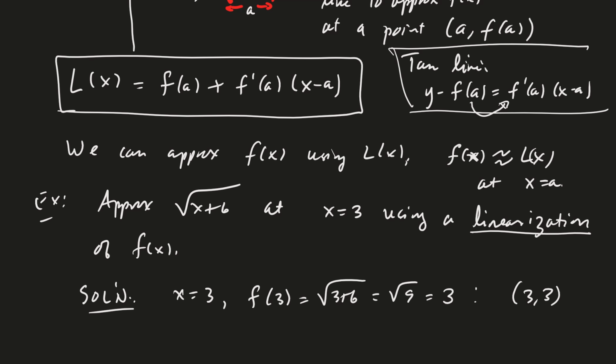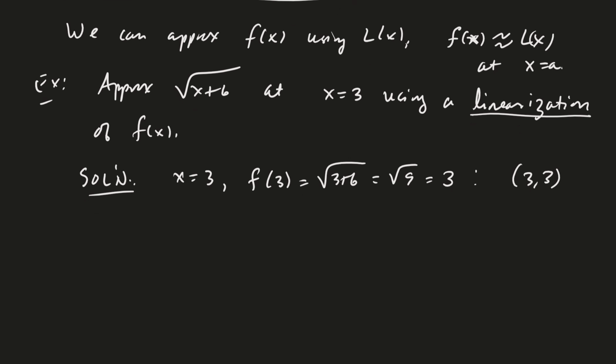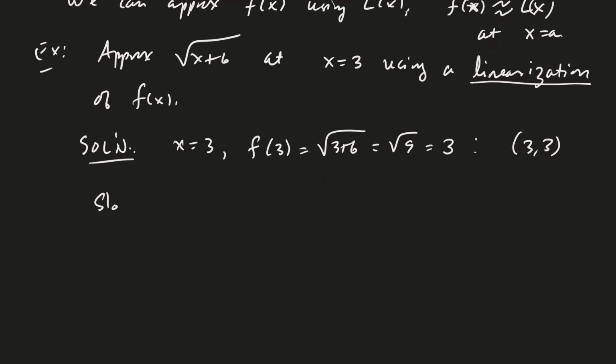And now we need the slope. The slope is going to be f prime of x, which will be 1/2 times x plus 6 to the minus 1/2. That's from the square root function. And then times the derivative of the inside function, but that's just going to be 1 in this case.